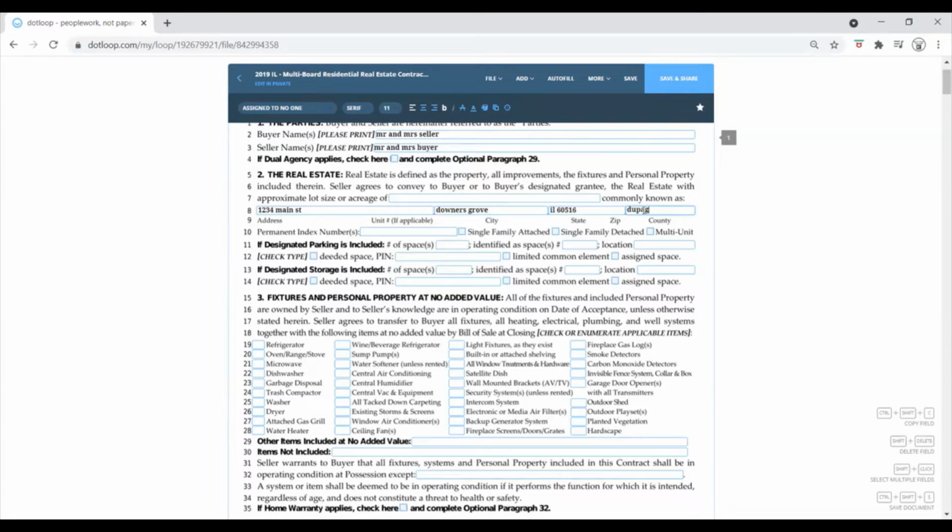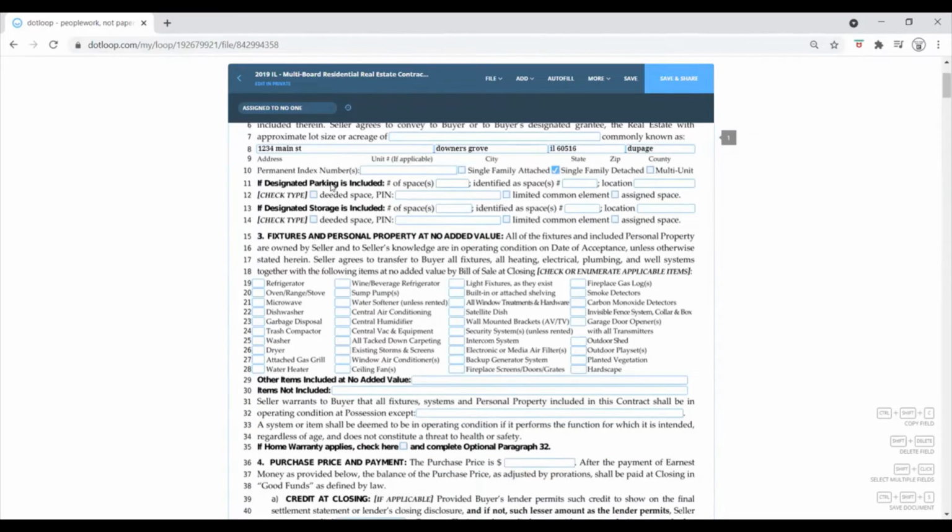I'm just filling this out generically so that you can see what I do. Our PIN number is going to be located on the MLS. Under the tax information, that's where you'll find the PIN. And you'll mark here if it's single family or multi-unit.